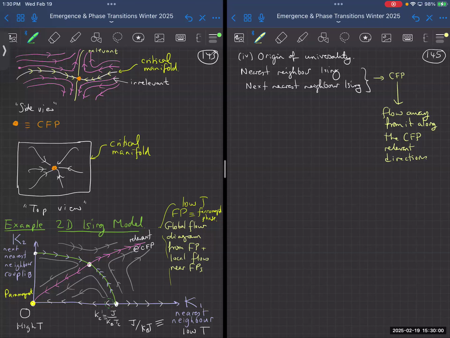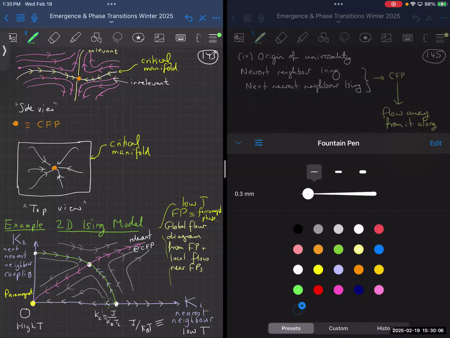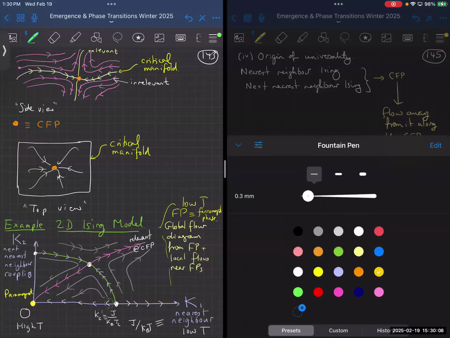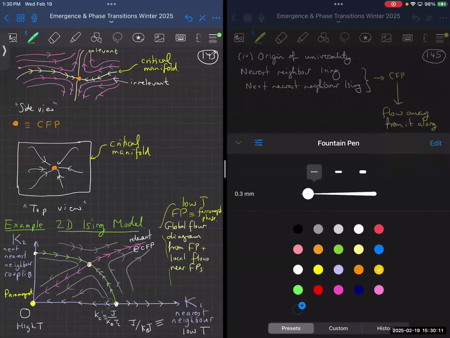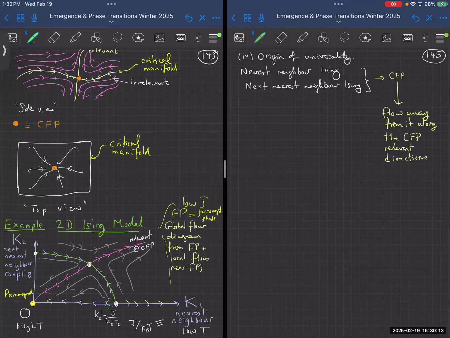And those relevant directions are a property of the critical fixed point, not of my initial system. So those critical directions are properties of the critical fixed point and not the starting physical system.